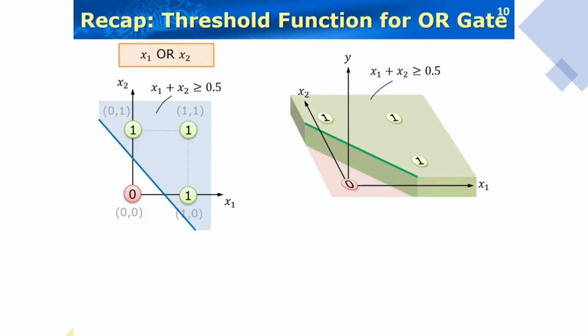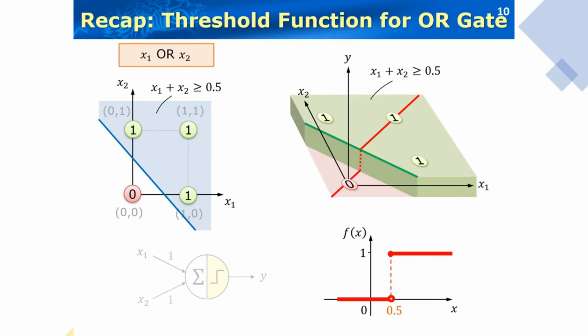When the shape of the hyperplane in 3 dimensions is projected onto 2 dimensions, it looks like a step ladder, which is a Heaviside function jumping at the point 0.5. Note that the green upper plane in 3 dimensions is the result of elevating the blue region in 2 dimensions. We can translate this Heaviside function left 0.5 unit by adding a bias value minus 0.5 to the perceptron to make the threshold function 0-centered.